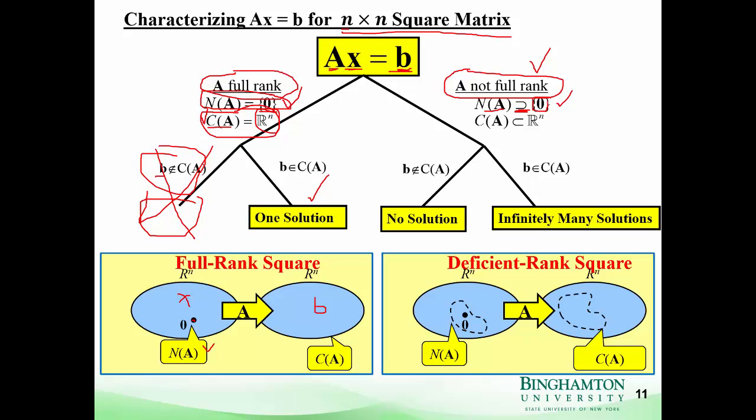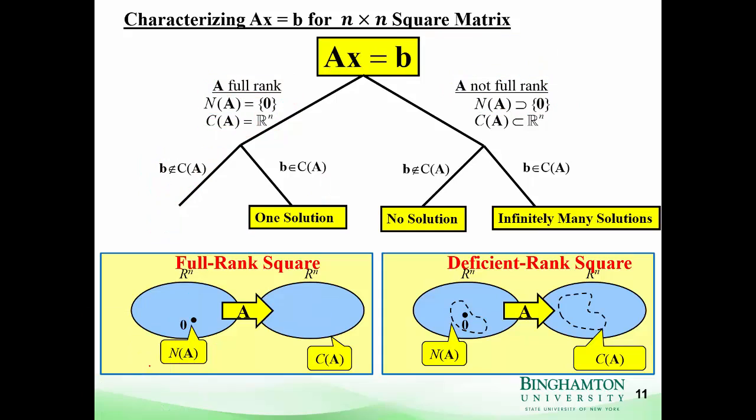The 0 vector alone is a strict subset of the null space. So that's just a clever, very efficient shorthand math way of saying the null space has more in it than just the 0 vector. Oh, and what is this saying? It's saying that Rn has more stuff in it than just the column space.